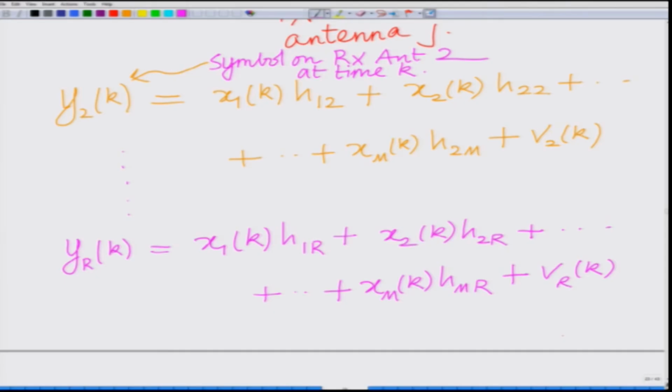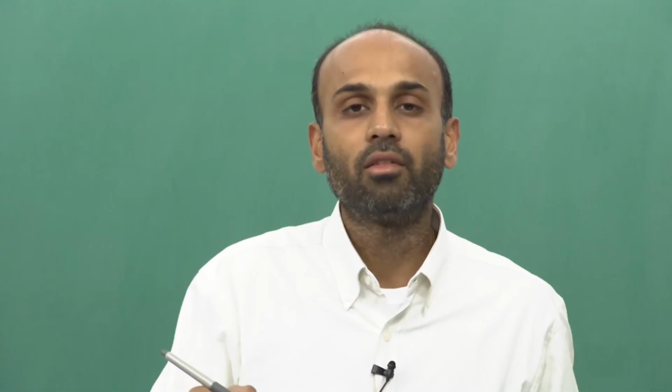YRk is the symbol received on receive antenna R at time instant k, alright. So now I have the relations for y1k, y2k up to yRk. I can now put these together as a vector, alright.